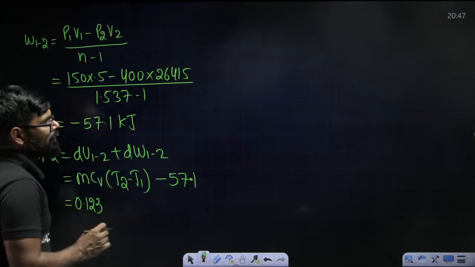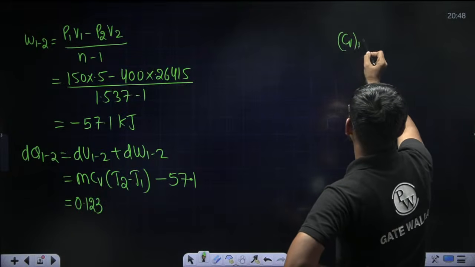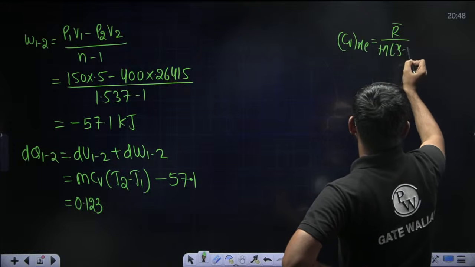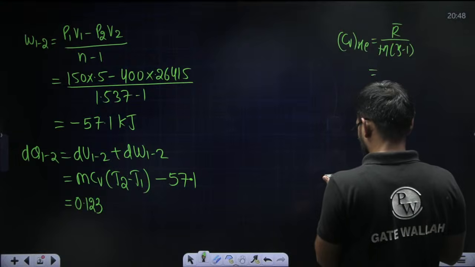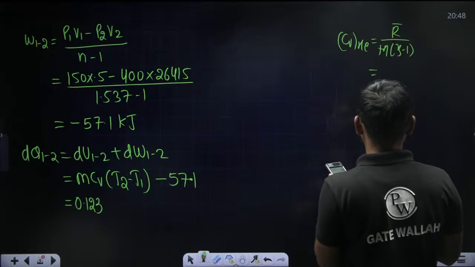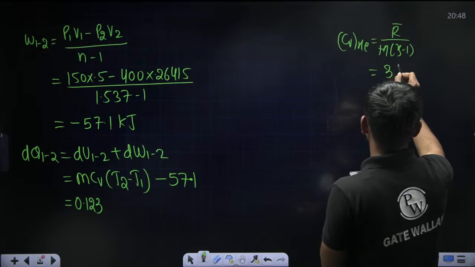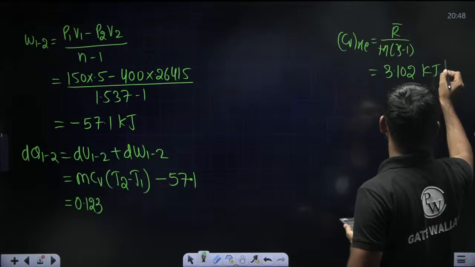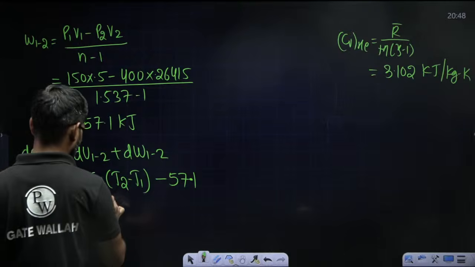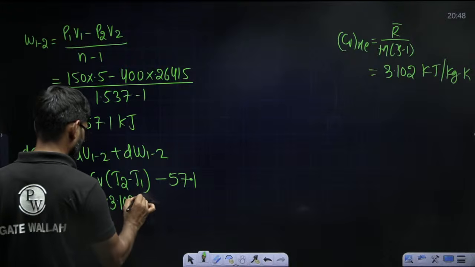What is Cv value of helium? Cv value of helium is R bar by M into gamma minus 1. So this value will come 8.314 divided by 4 divided by 0.67, right? This value will come 3.102 kilojoule per kg Kelvin. So this value will come 3.102.